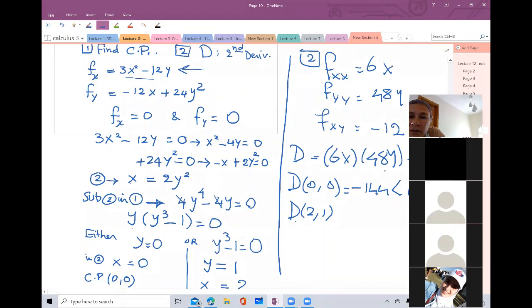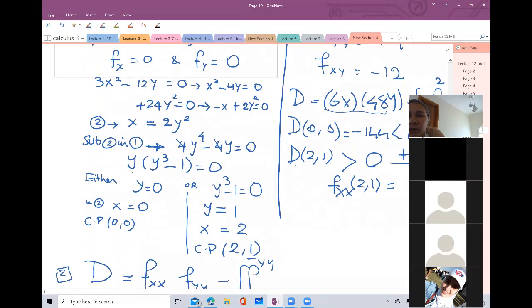It's obvious that this term at (2, 1) will be bigger than the other, so it's a positive value. But since it's positive, in addition I must go back and look at fxx at the point (2, 1). fxx at this point is 6 times 2, which is 12, which is positive. What is my conclusion here?